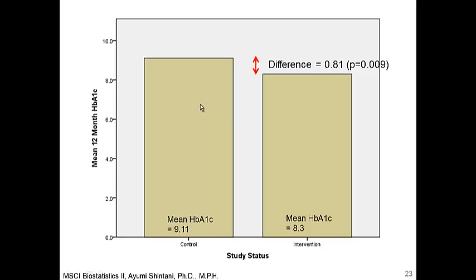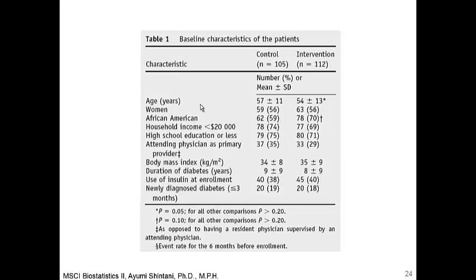And what many people actually do is go ahead and look at the balance to make sure the randomization works or not. We assessed statistical significance of each of these prognostic factors, as causally associated with the outcome of HbA1c, between control and intervention group.